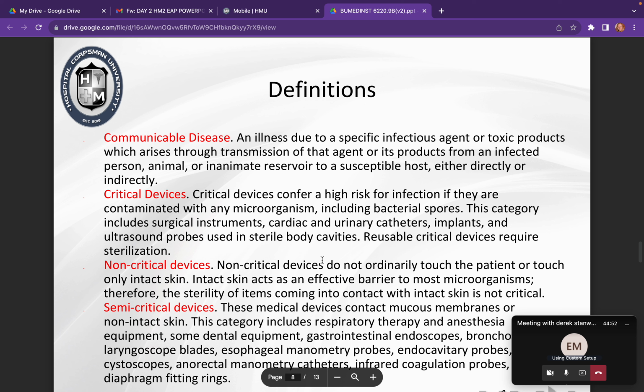All right. Definitions. Okay, communicable disease. The illness due to a specific infectious agent or toxic products which arise through transmission of the agent from an infected person or animal or an inanimate reservoir to a susceptible host, right? So your communicable diseases. You remember that is what carried plague back in the day in Europe?